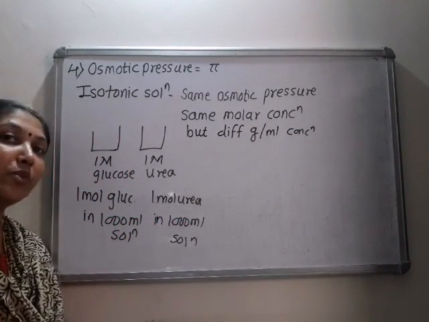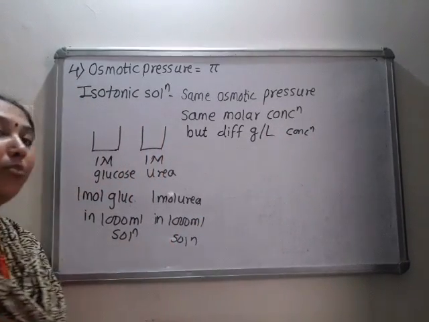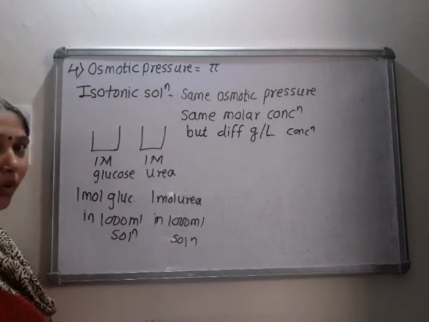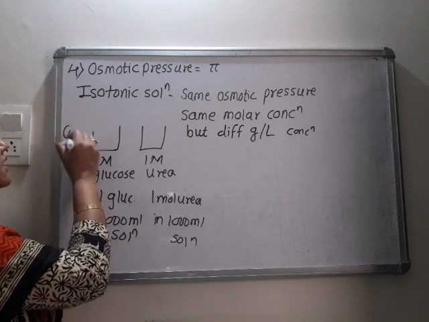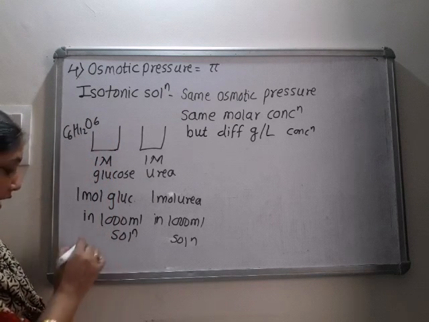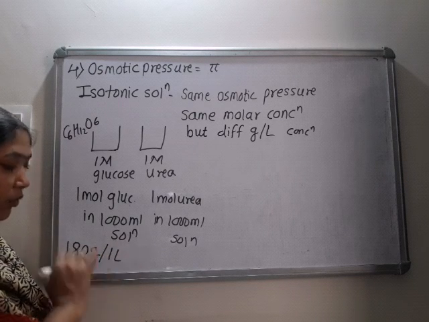Molar concentration is expressed in mole per liter. If we express that concentration in gram per liter, then that concentration differs. Means what? 1 mole of glucose. Glucose has formula C6H12O6. If we calculate its molecular weight, it is found to be 180 gram. 180 gram is present in 1 liter.